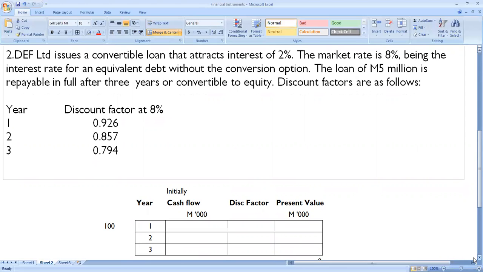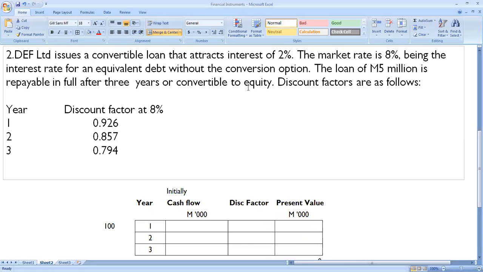It can be converted. So now we have DEF Ltd issuing a convertible loan that attracts interest of 2%. The market rate is 8%, which is the interest rate for an equivalent debt without the conversion option. The loan of 5 million is repayable in full after 3 years or convertible to equity.